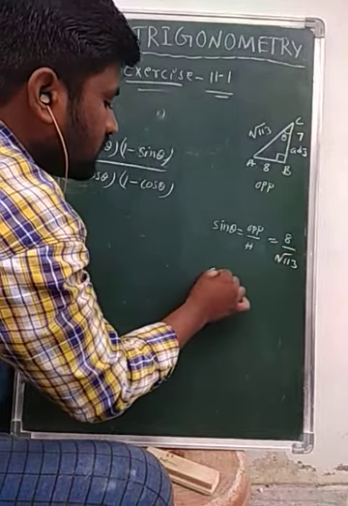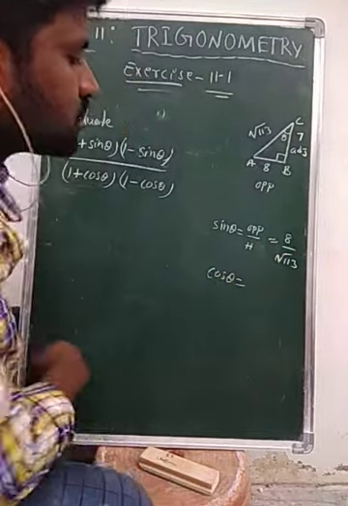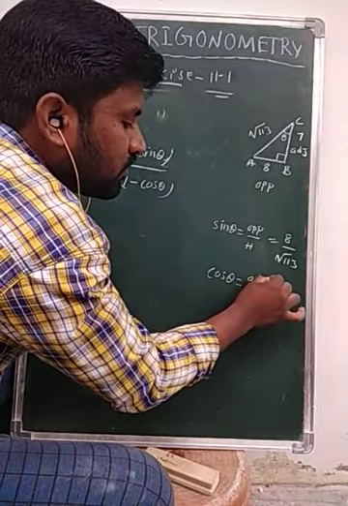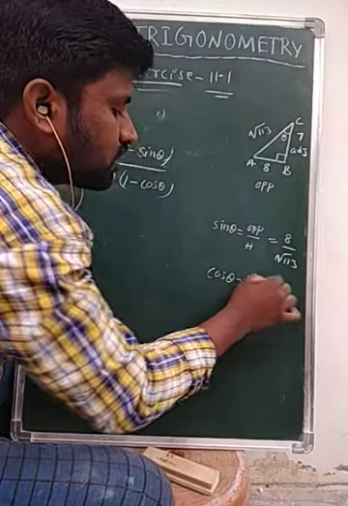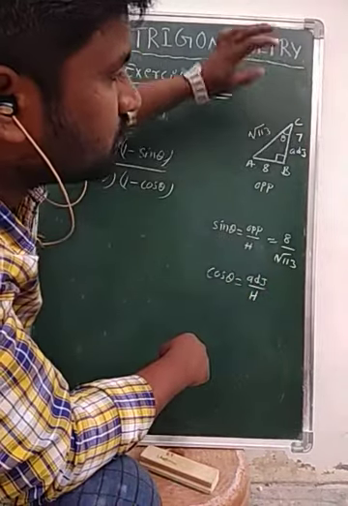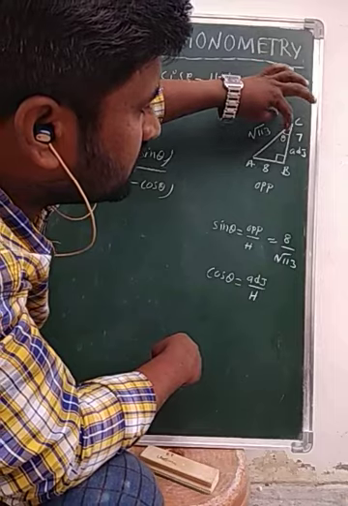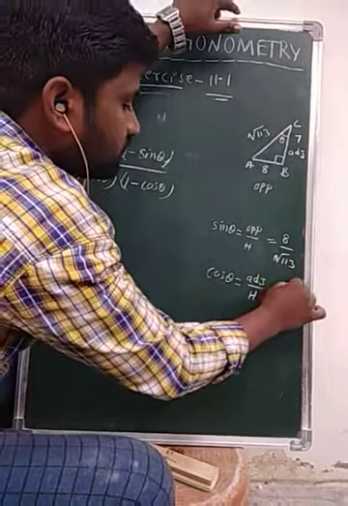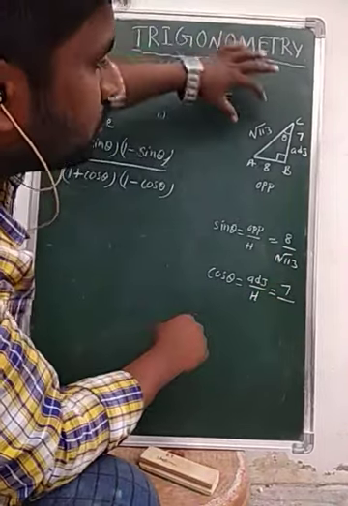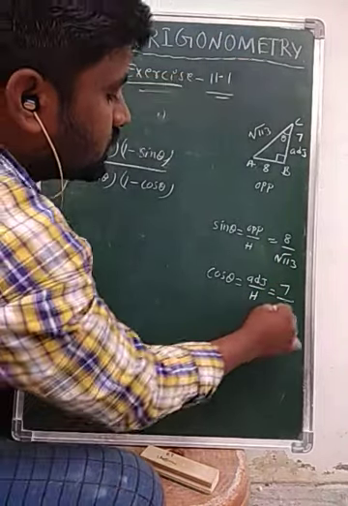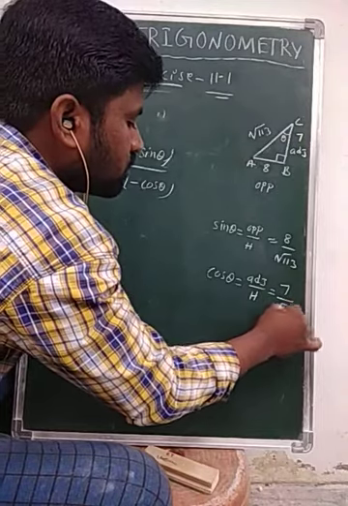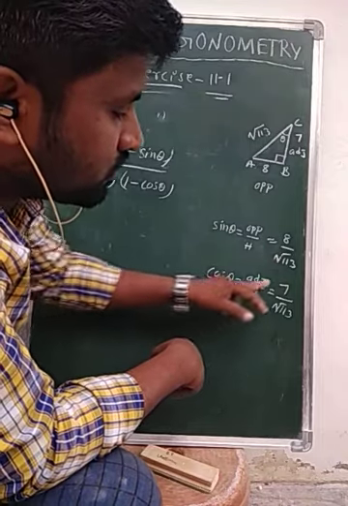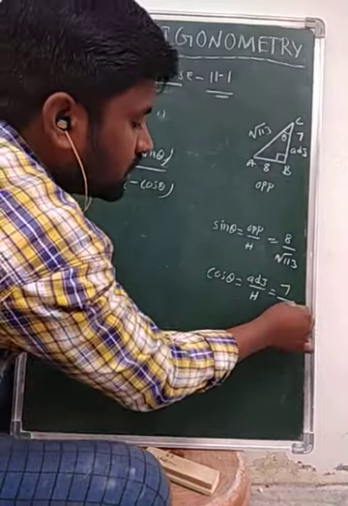In the same manner, cos theta is the length of the adjacent side by the length of the hypotenuse. The adjacent side of angle C is BC, that is 7, by root 113. So sin theta is 8 by root 113, and cos theta is 7 by root 113.